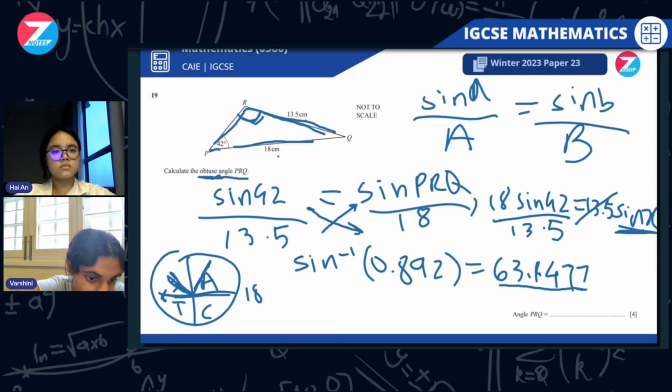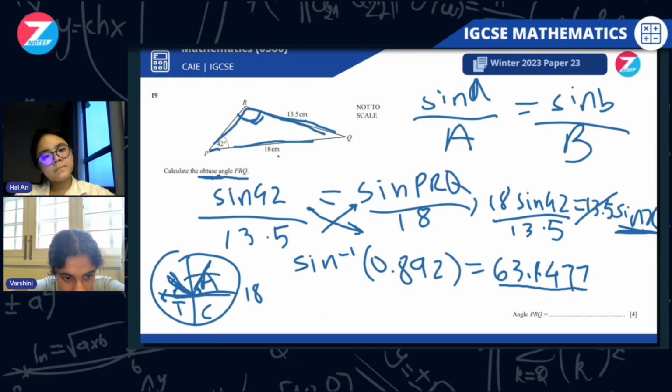We also know that this angle is going to be the same as this angle. Let me redraw that. This angle is going to be the same as this angle due to our opposite angles rule.